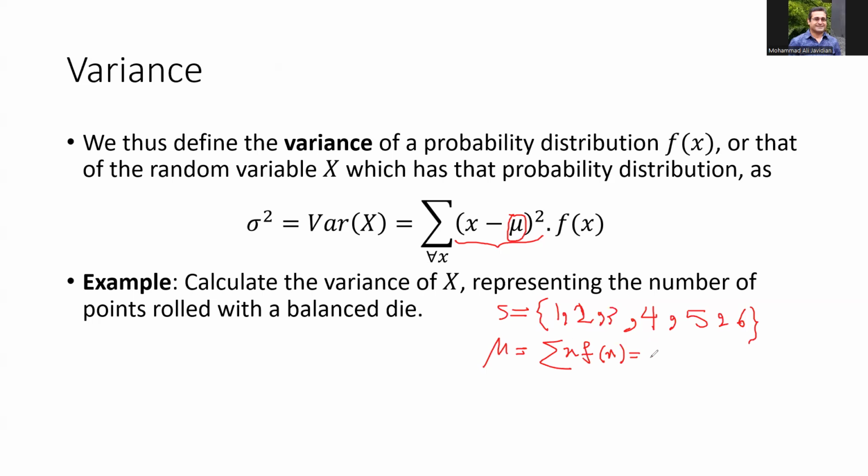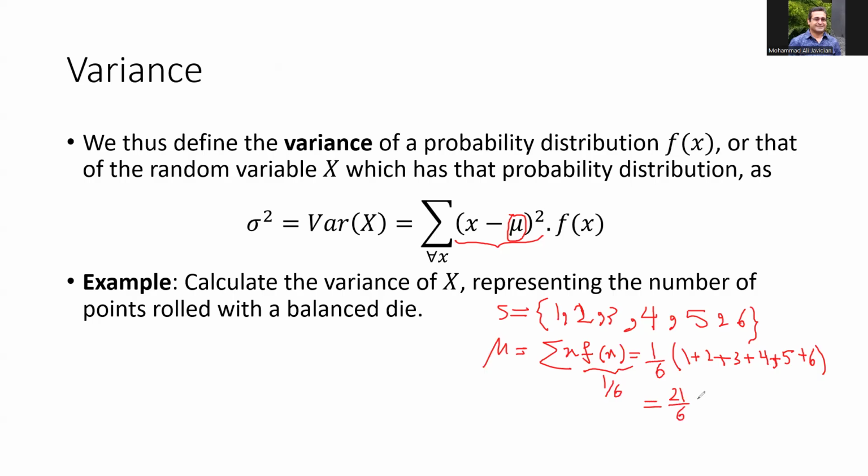If you remember, f of x was 1 over 6 for any x. So 1 over 6 times 1 plus 2 plus 3 plus 4 plus 5 plus 6. 1 plus 2 is 3, plus 3 is 6, plus 4 is 10, 15, plus 6 is 21. 21 divided by 6.